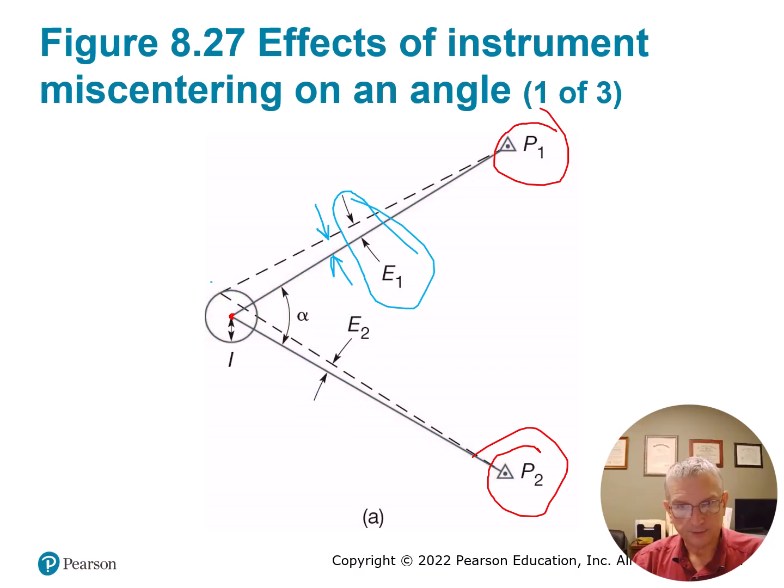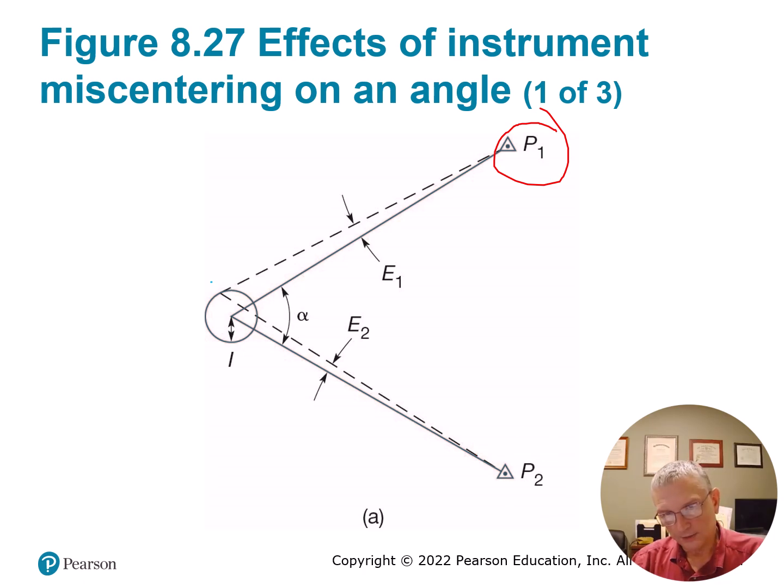Let me erase this. Let me erase the P2. Let's put a dimension line on here. Obviously, the blue line is longer than the red line.